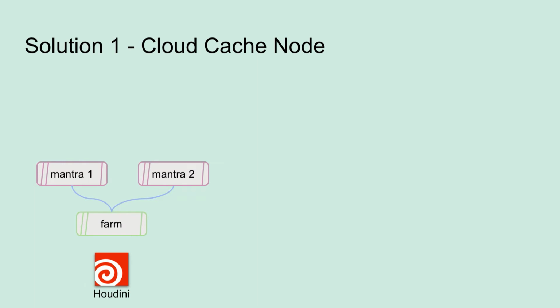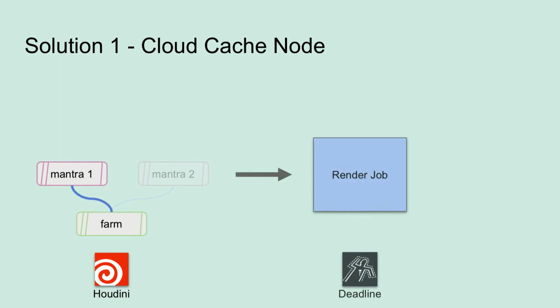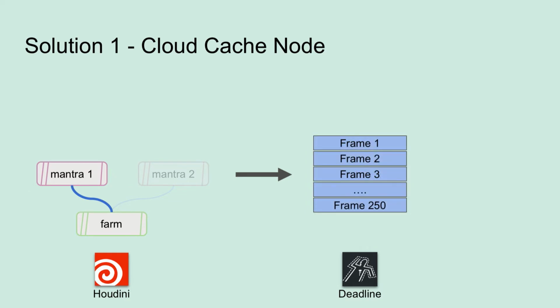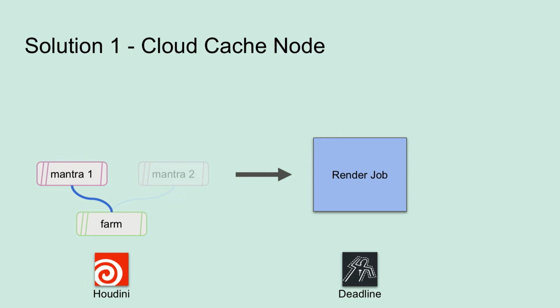So the first solution we developed was, if we're looking at the Houdini scene here, we have 2 Mantra nodes connected to our farm submitter node. What happens when the artist is actually submitting the job? If we're just looking at one of the nodes, it gets translated into a render job on the farm. A render job is basically just a collection of frames independently being rendered, but we just represent it as one unit.